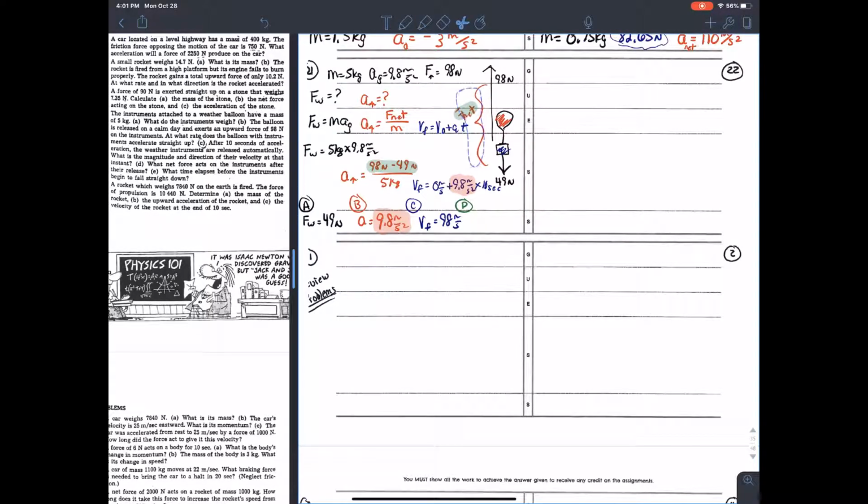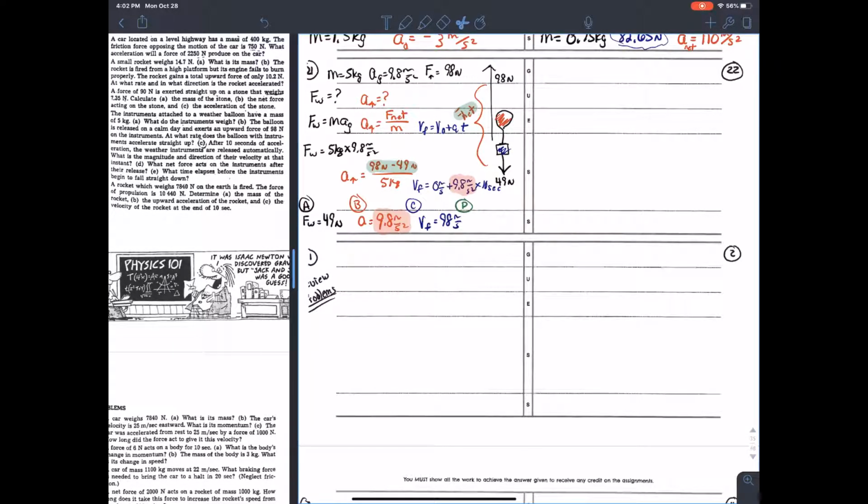But if we break the string, remember, the weather balloon pulls up on the instrument package, causing it to go up. And then you have the weight of the object pulling back on it. So you have a net force of 49 newtons acting on it: 98 up, 49 down.